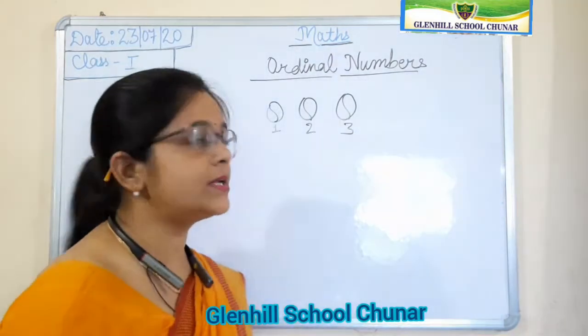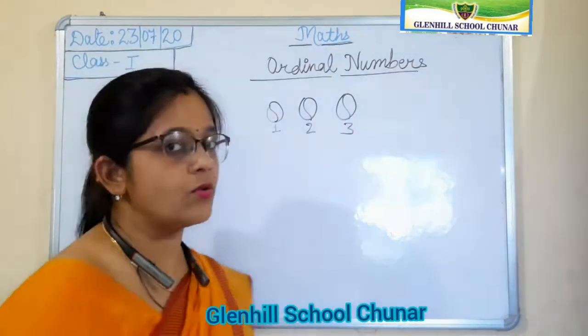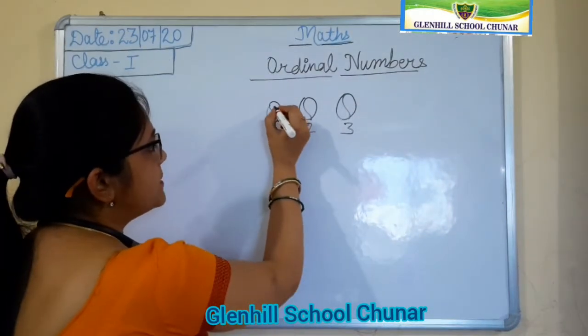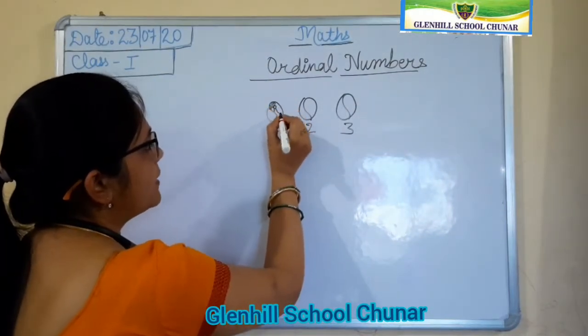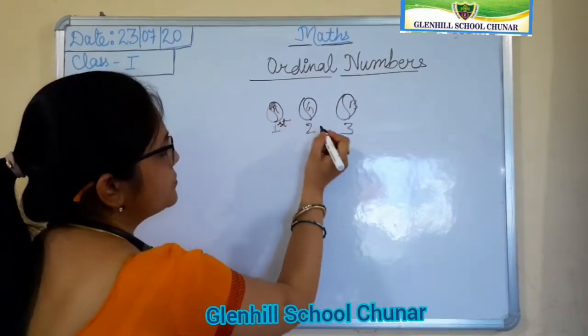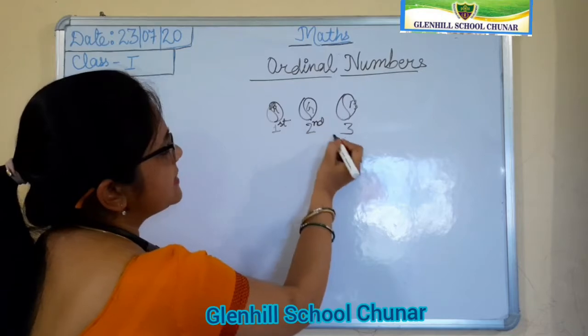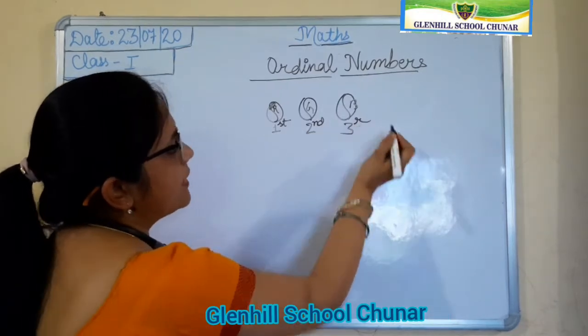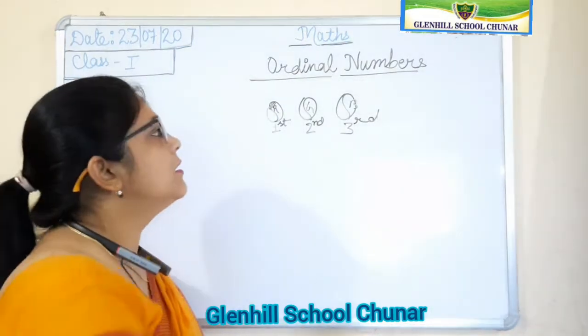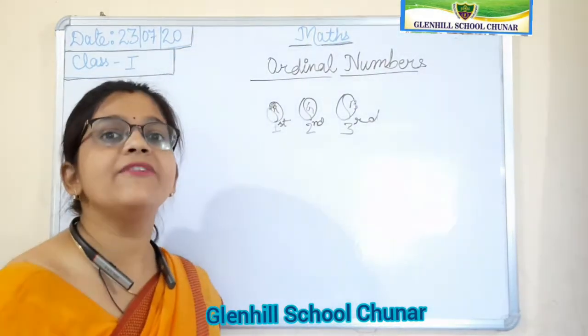So you are not going to say this ball is in 3, no. You are going to say this ball is the red color, green color, blue color, so red is in first position, green color is in second position, and blue color is in third position. Like this I have taught you in the previous video.